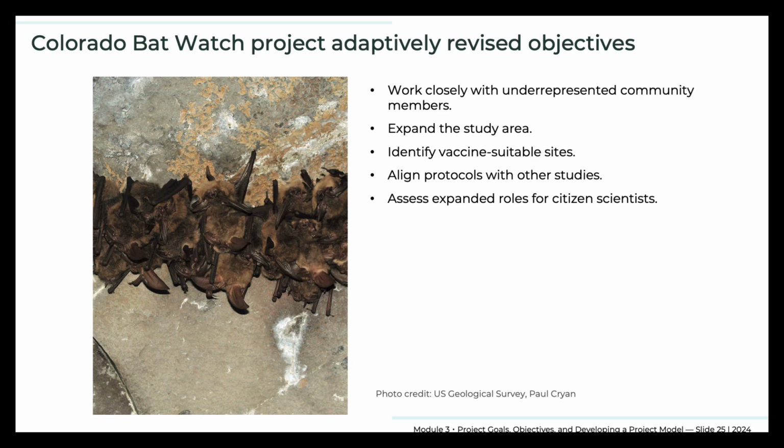To increase the number of roost sites identified and the geographic distribution of colonies monitored. 3. To identify roost sites suitable for white nose syndrome vaccine testing. 4. To refine protocols and ensure consistency with the North American Bat Monitoring Program. And 5. To assess the feasibility of engaging volunteers in acoustic surveys.